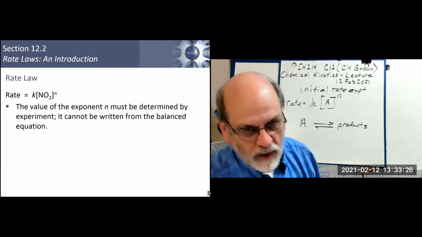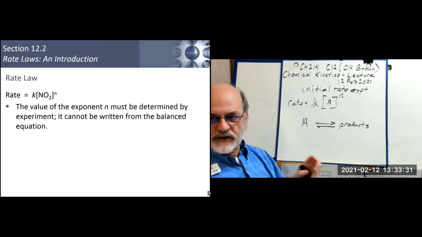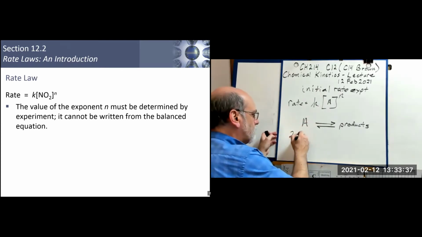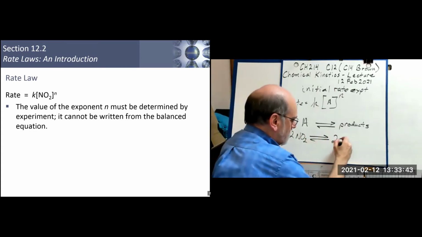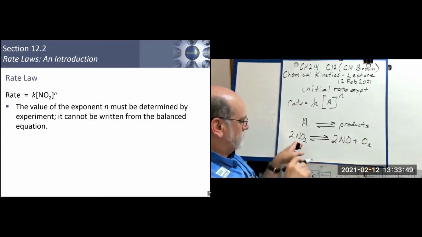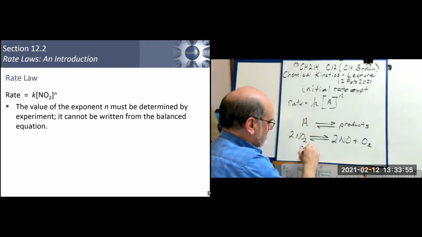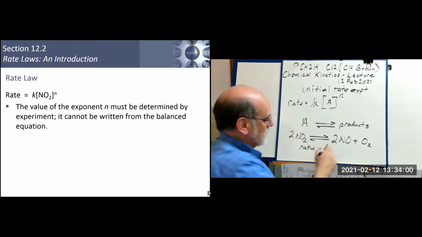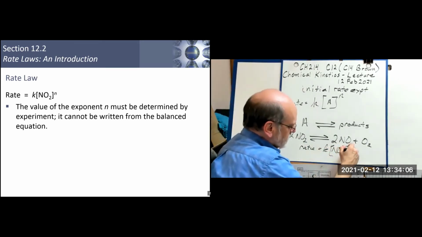Okay, now what's next? If you see a reaction that's written like the one that we were looking at earlier, if you write an expression for that, and we have a k value, which is unique for that reaction, and then we have the concentration of NO2, and then we have this n value.